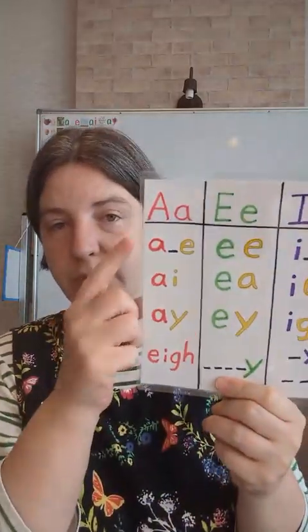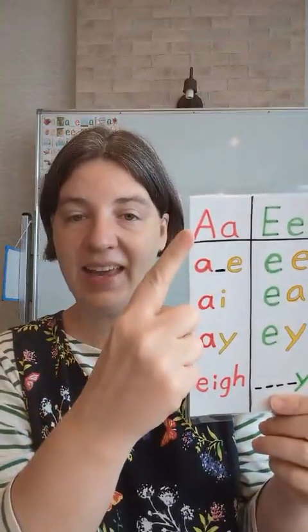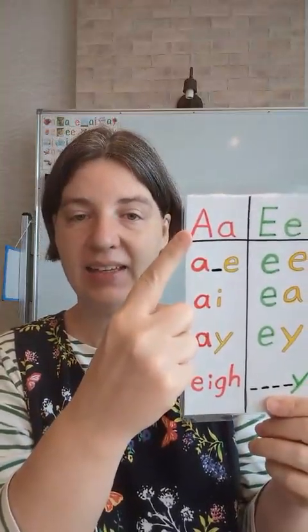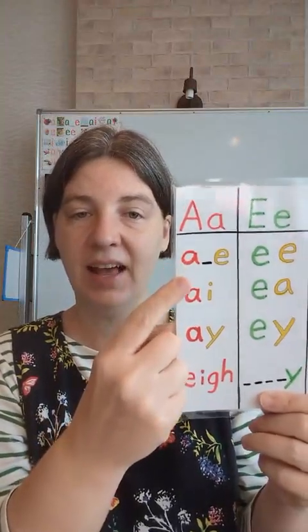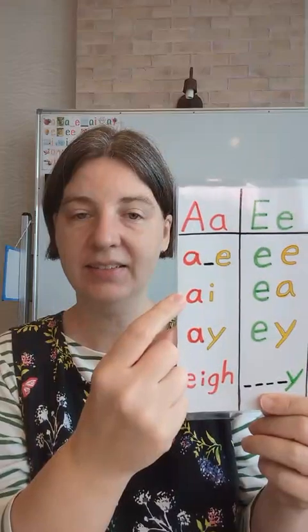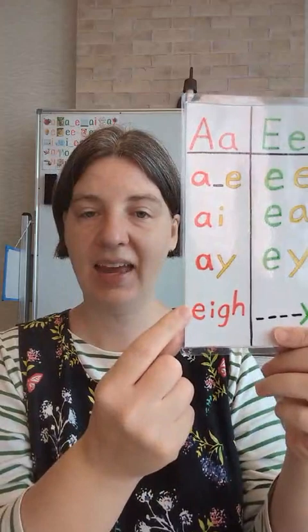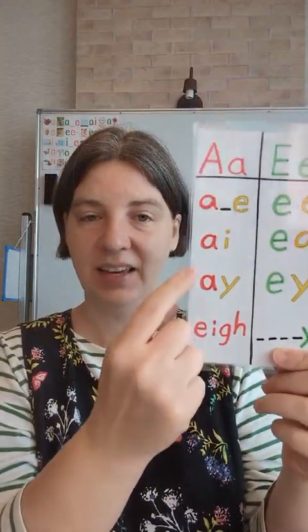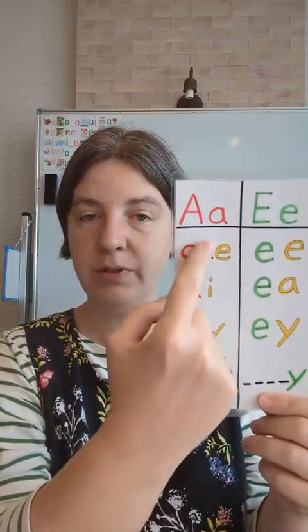So first we're going to do the long A. Okay? A, A, A. Okay, so you have A and E with one space between.